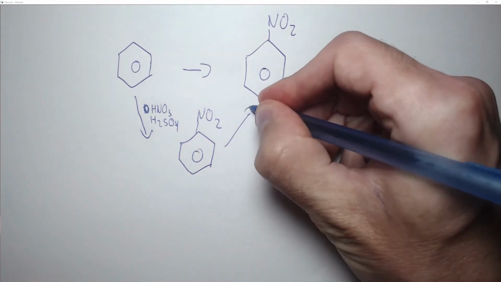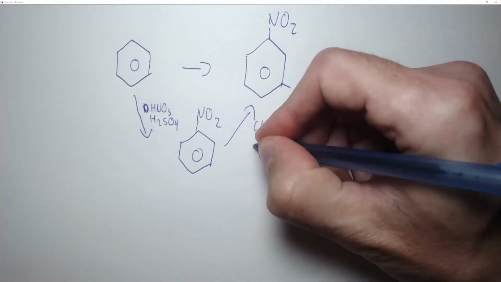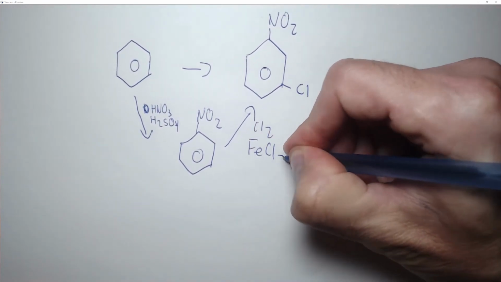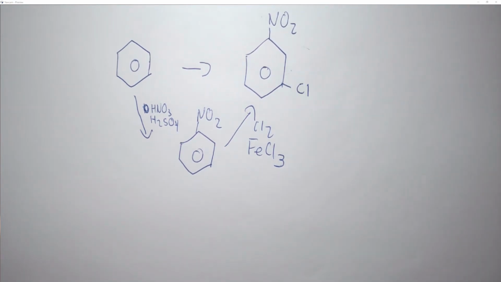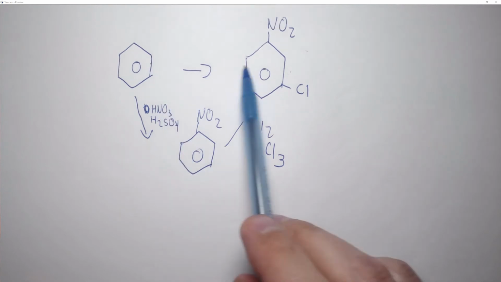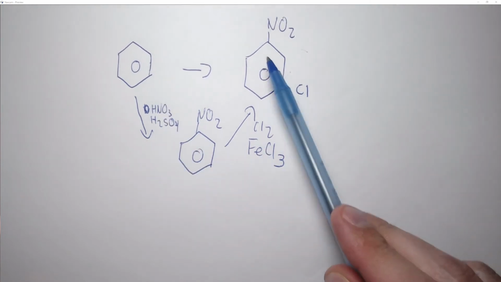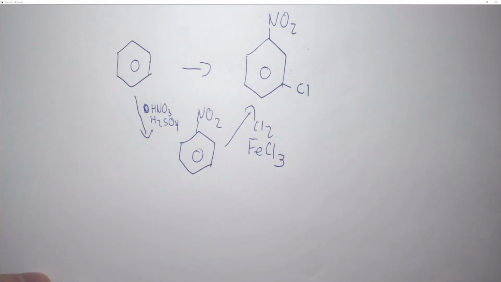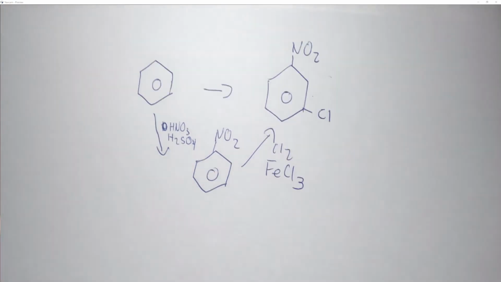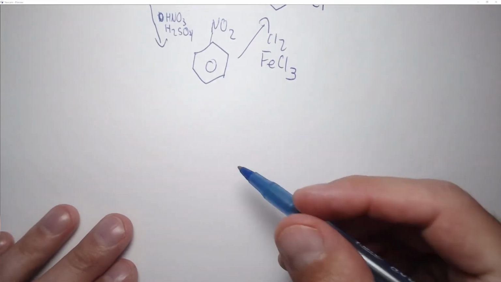We then add our Cl2 and our FeCl3 in the second reaction in order to make this product. So this is the overall reaction, and this is how we get there in steps. I just write it this way so I don't have to write these twice, okay?